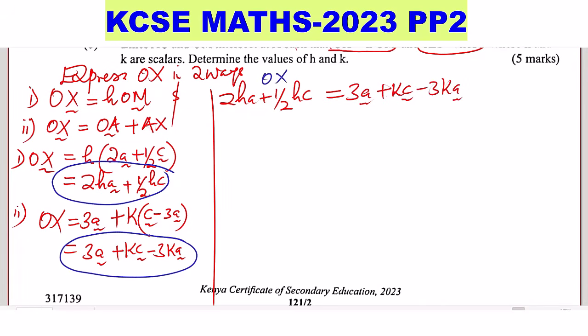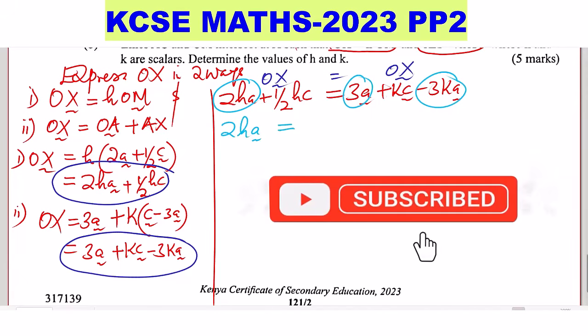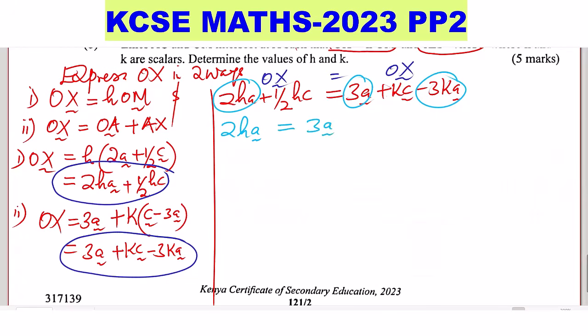So from there, pick the terms having vector A and equate them. So 2HA is equivalent to 3A, they're having vector A, minus 3KA, like that.